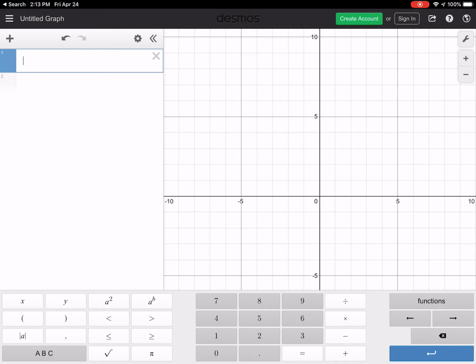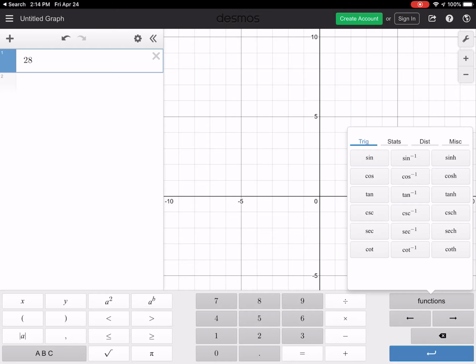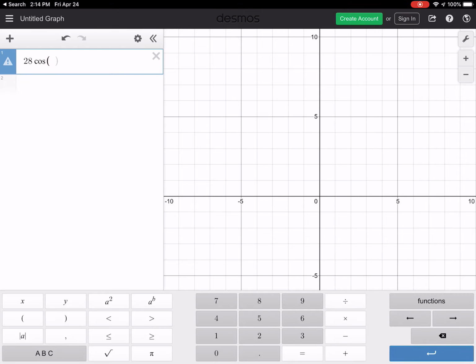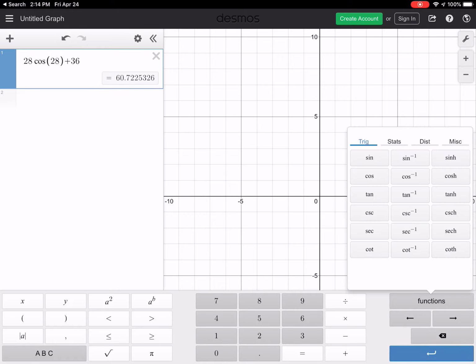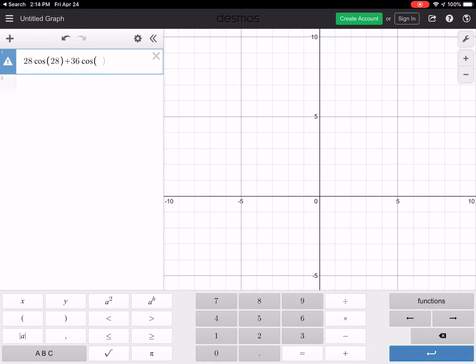Okay, and then I'm going to go 28, function, cosine 28 plus, and I want to make sure that I end my parentheses. So I'm going to hit the end of my parentheses and now hit my plus. And the other one was 36, hit function and go to cosine 43. So see how I'm adding those? I added the x coordinates.